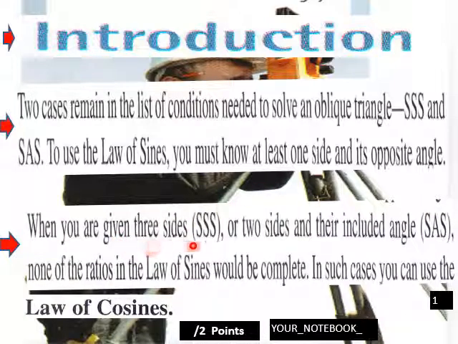When you are given three sides, SSS, or two sides and their included angle, SAS, none of the ratios in the law of sines would be complete. In such cases, you can use the law of cosines. So there are cases here where cosine will help you solve triangles.